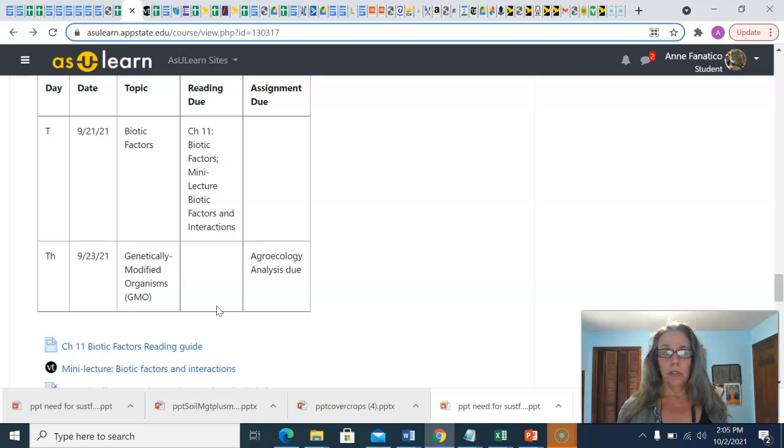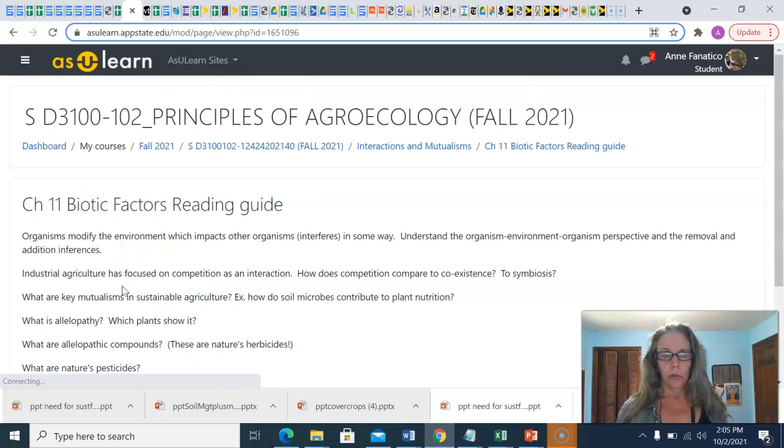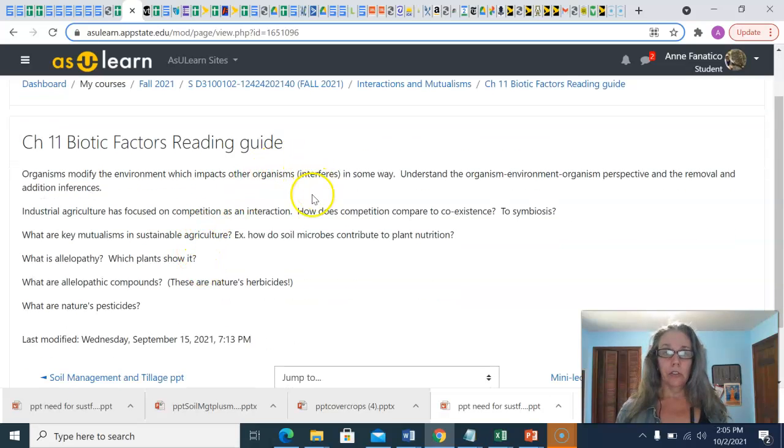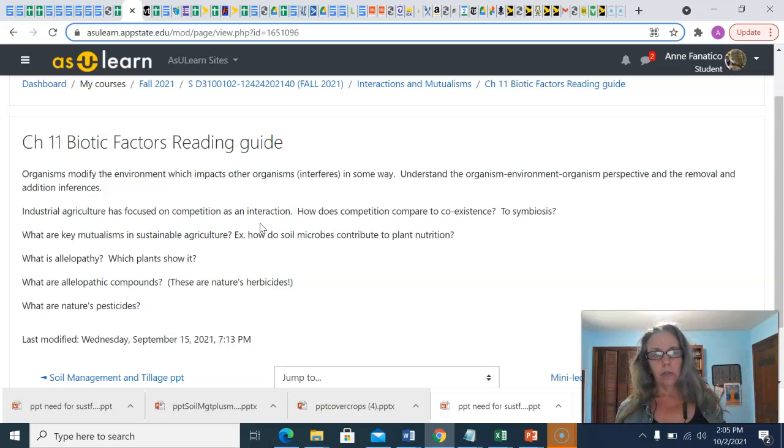We also began to study biotic factors. So you had a reading guide and a mini lecture for this. There were just many areas that y'all covered with your discussions, understanding what these interactions are, that they're often going to be a removal interaction, like herbivory is an example, competition is an example, or it's going to be an addition type interaction, like mutualisms.